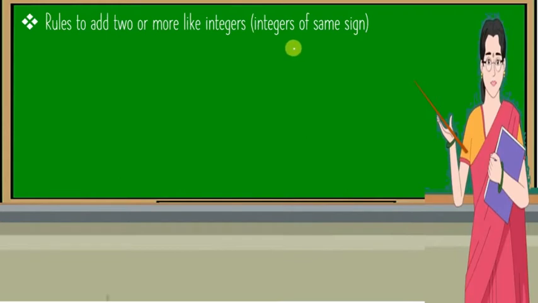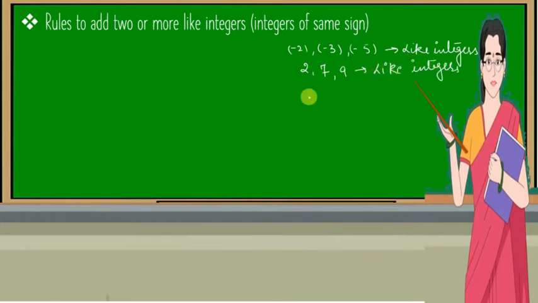For example, -2, -3, -5 are like integers, and 2, 7, 9 are also like integers, but a negative and a positive integer are known as unlike integers. So these two integers are unlike integers.